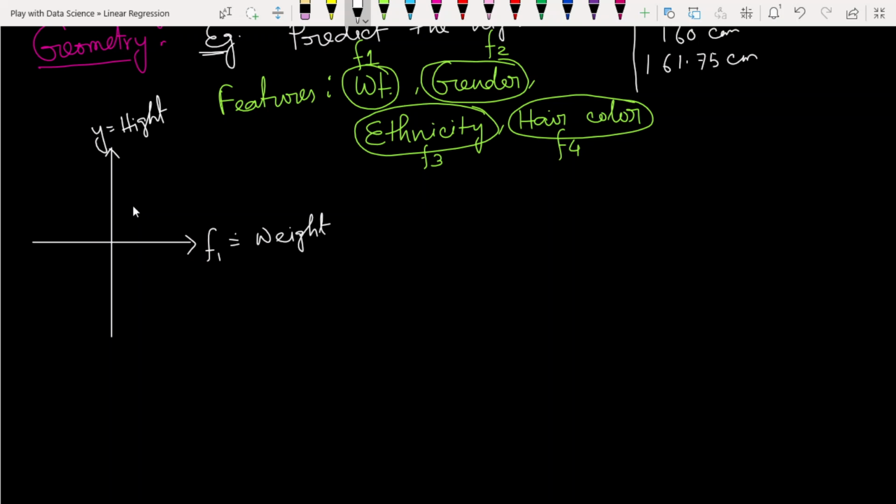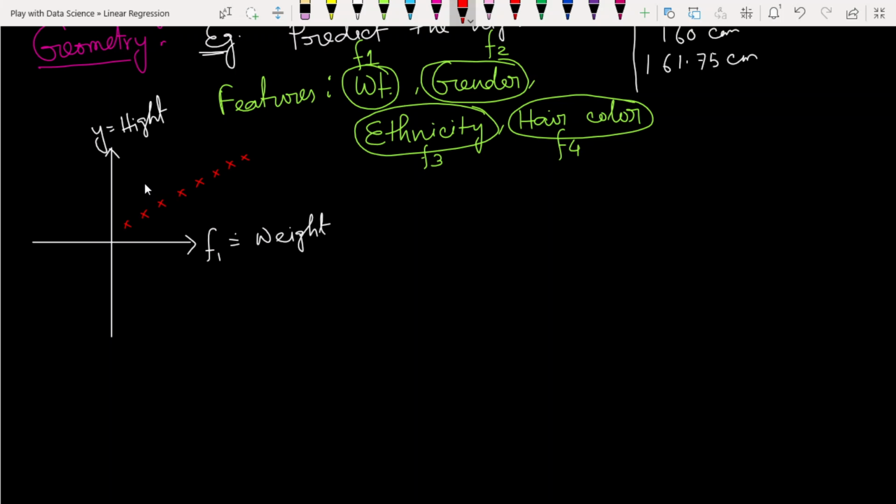Let's take a data set like this. From simple knowledge, you all know that typically, if weight increases, then the height of a human being increases. It is a typical concept, not always; there may always be exceptions, but typically if weight increases, height increases.